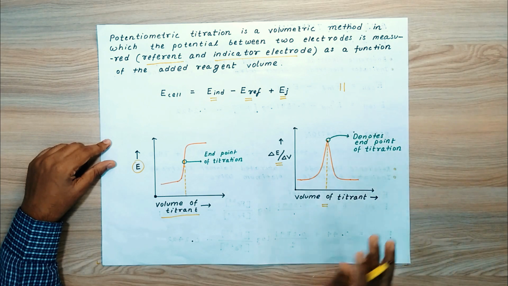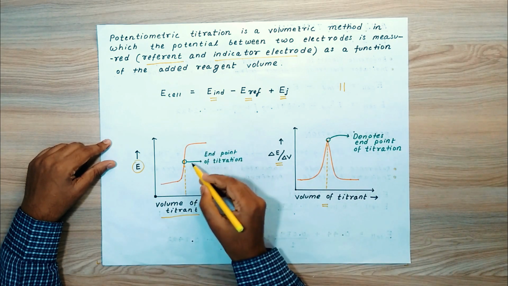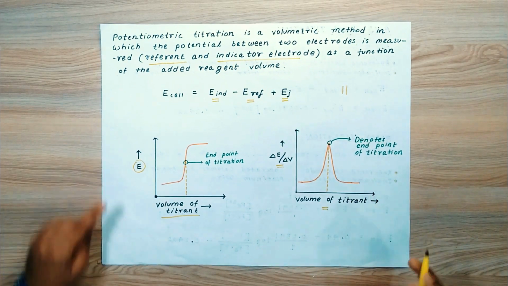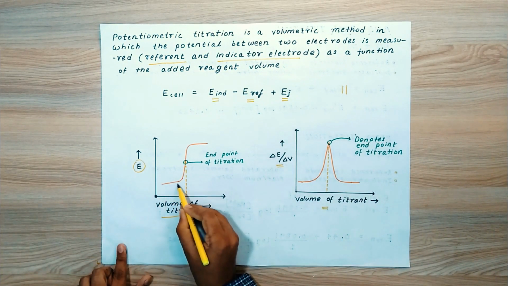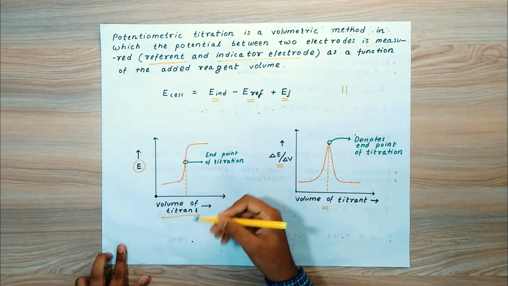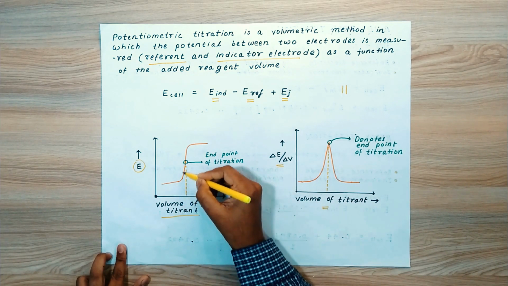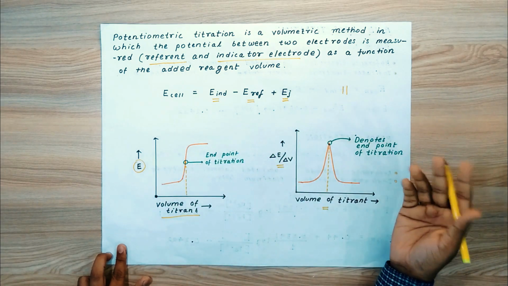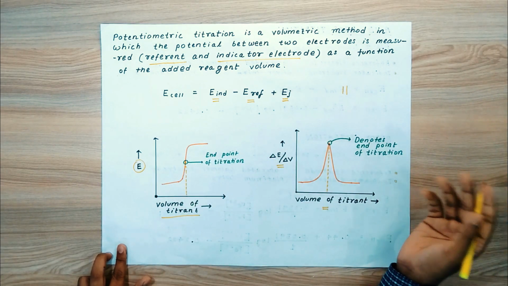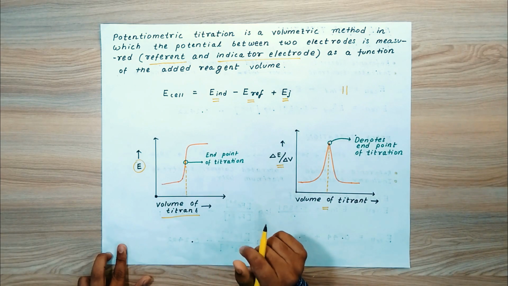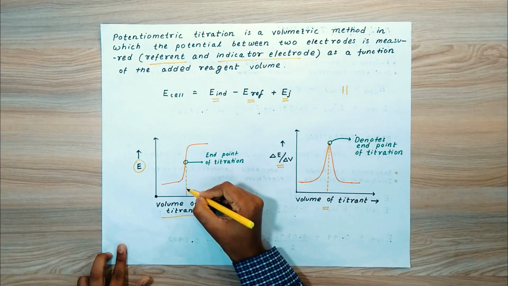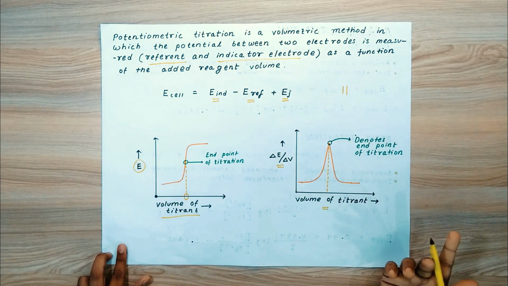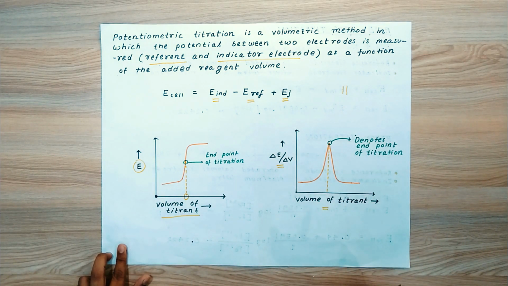From both graphs we can understand that as we keep adding the titrant, there is not much change in potential, but when we approach the endpoint there is a huge change in the cell potential. This quick change in the cell potential denotes our endpoint. The volume corresponding to that change in potential is our endpoint, and at that point we should stop adding the titrant.